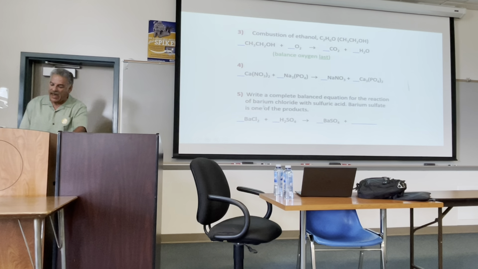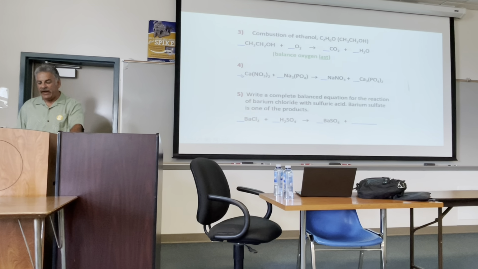So now let's do the math. Start with calcium, 1 on this side, 3 on that side. That's not going to work, so we'll put a 3 here. Now they're balanced, they both have 3. So we have 3 calcium nitrates plus, let's just see, we only have 1 sodium here, so let's put a 3 here. That gives us 3 sodium nitrates.